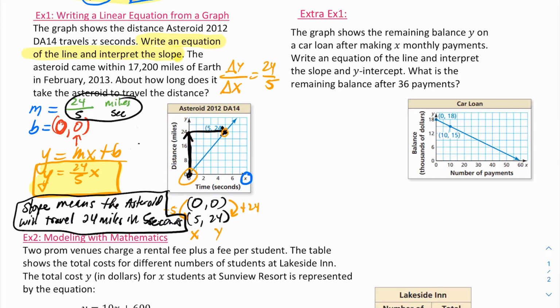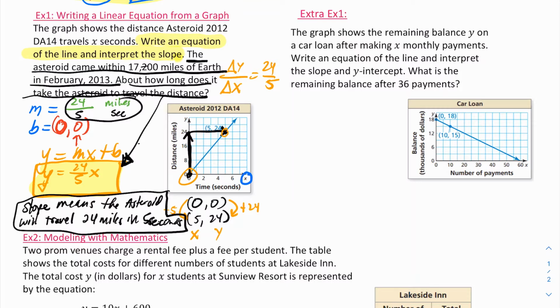Now, for the second part of the question, it says the asteroid came within 17,200 miles of Earth in February 2013. How long does it take the asteroid to travel that distance? So we have to use this equation, and we need to figure out if that 17,200 goes in for x or for y.